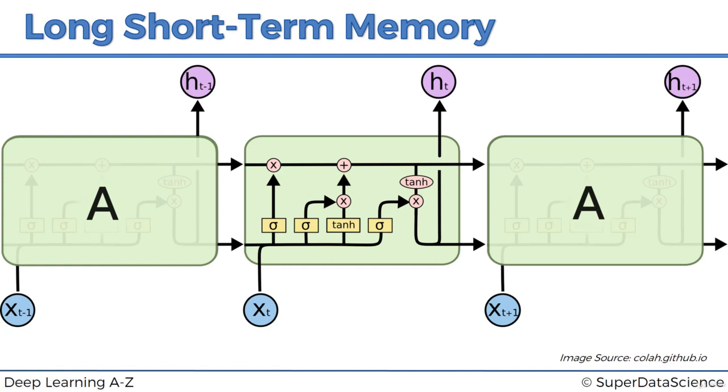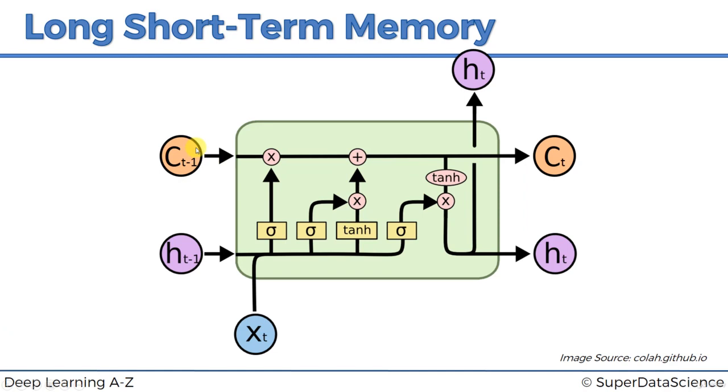All right, so now let's dig in a bit more detail. We're going to replace these modules on the left and the right with something simpler, just these representations. So C stands for memory, the memory cell. H is your output.